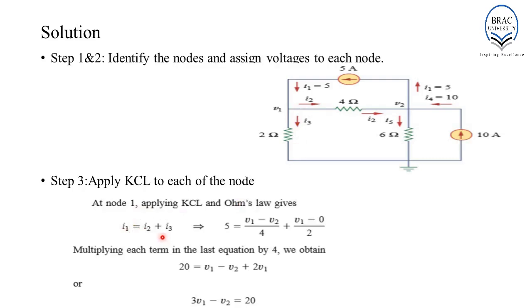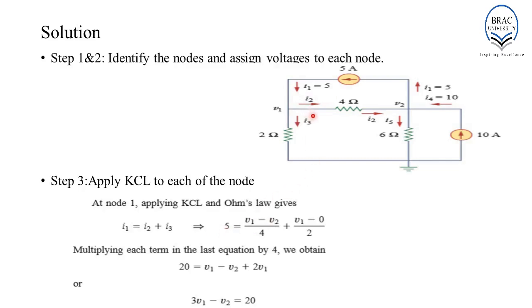Now, if we substitute the actual current values in this expression, if you observe here, 5 ampere is the current flowing through this entire branch, based on the direction and magnitude of the current source. Thus, I1 is equal to 5. Hence, we have written 5 over here.